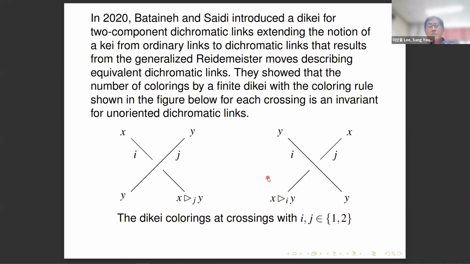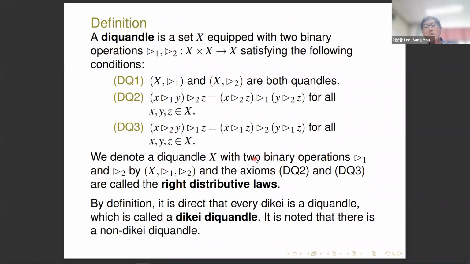So our purpose is to consider similarly some algebraic structure for oriented dichromatic links. So we introduce the diquandle. A diquandle is a set X equipped with two binary operations, delta 1 and delta 2, satisfying the following three conditions.